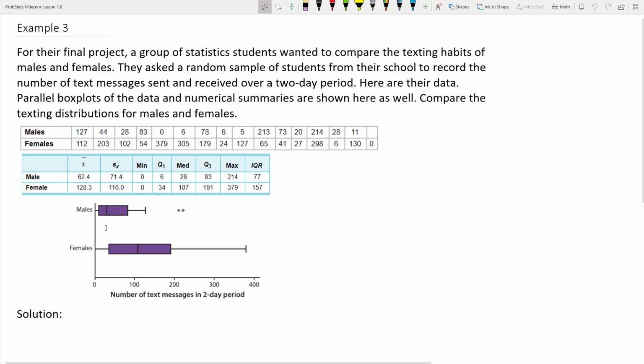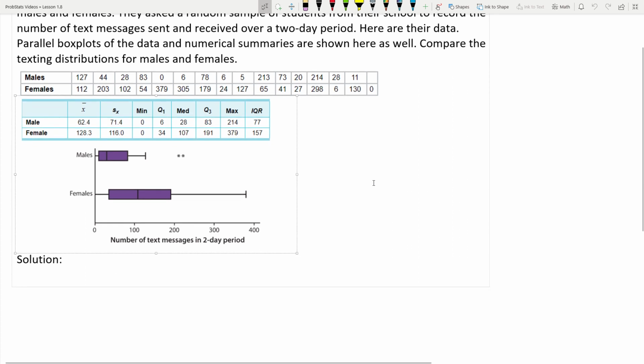Alright, so we got the data, and we want to just compare the actual distributions here. Well, first off, let's look at the shape of the distributions. In this case, the middle of the box is here, and this is to the left of the middle.